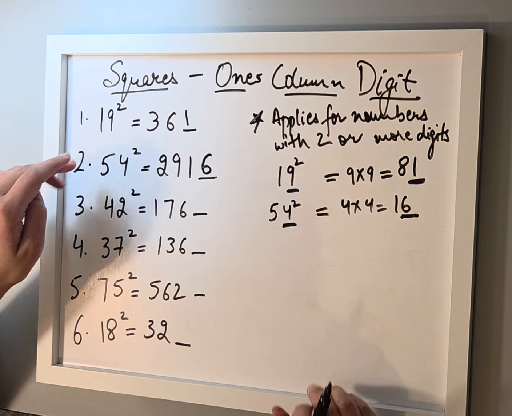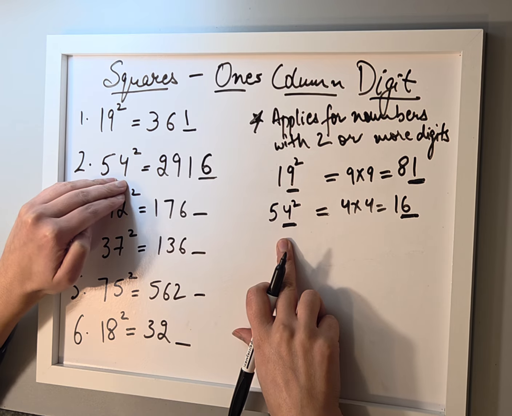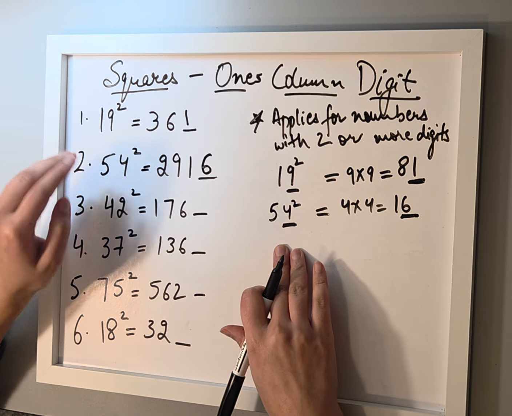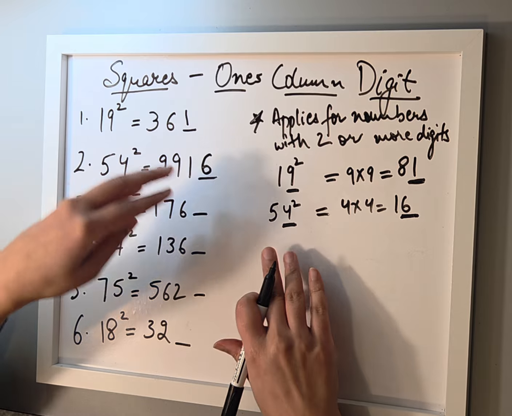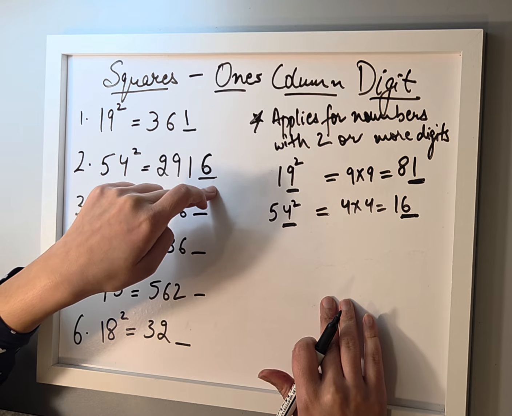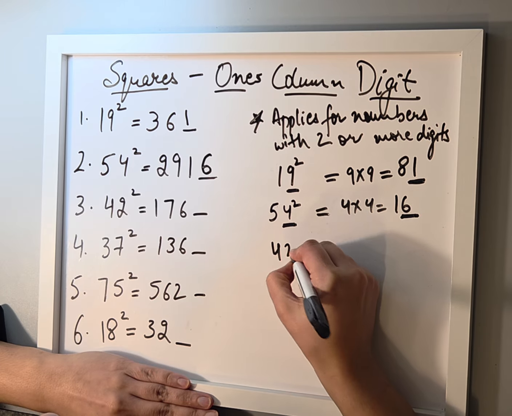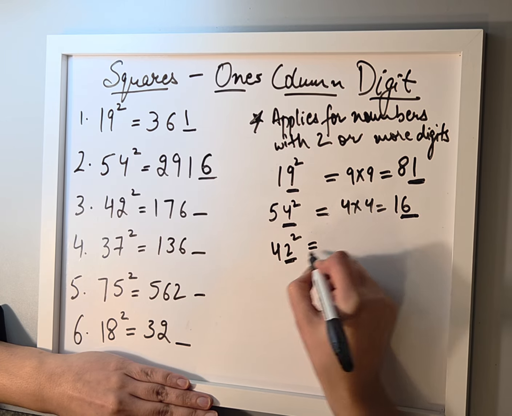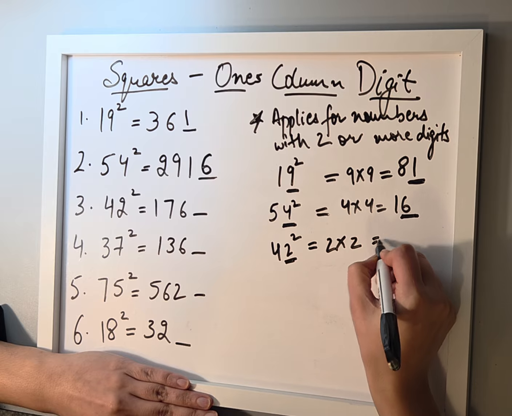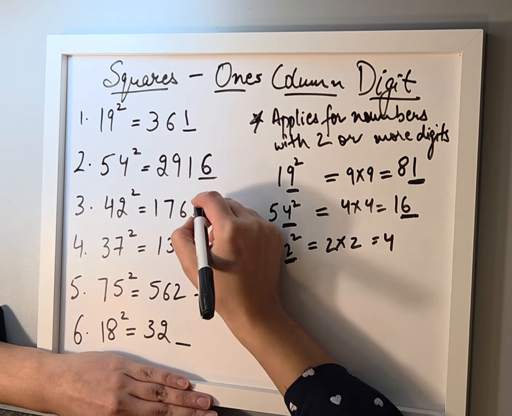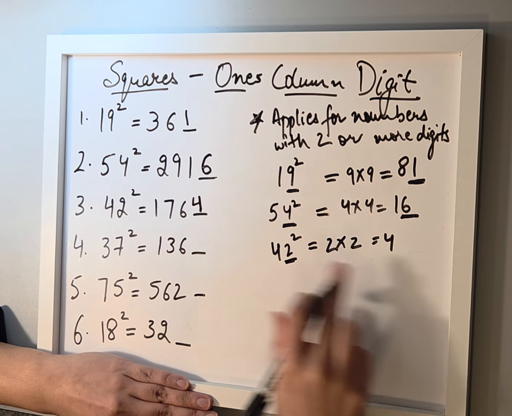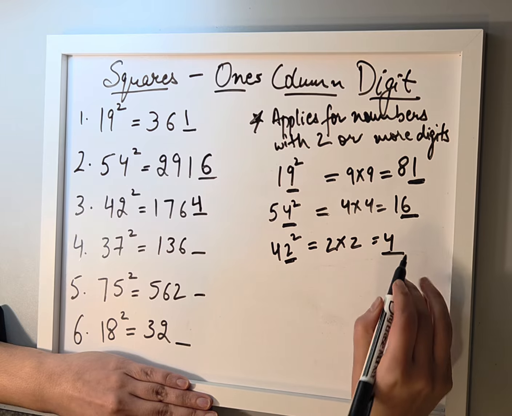Whatever the square of the number on the left side, the whole square's answer's ones column digit will also be the same. Let's look at the next question. 42 square. The ones column is 2, 2 into 2 is 4. So the ones column digit for the answer will also be 4 because there's just one digit here.